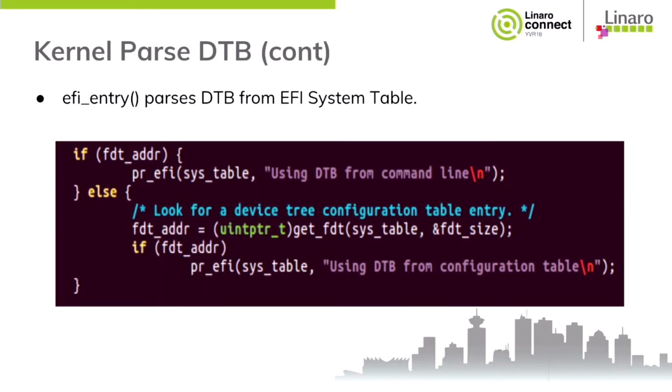And in the real implementation of the EFI entry, we can find that it will fetch the DTB pointer from the EFI system table. Then the kernel gets the DTB, and it will get more information about the hardware.